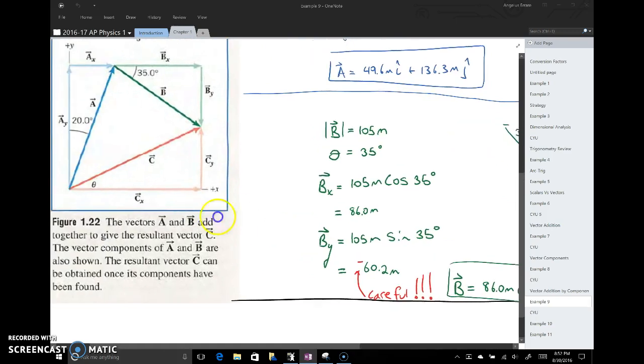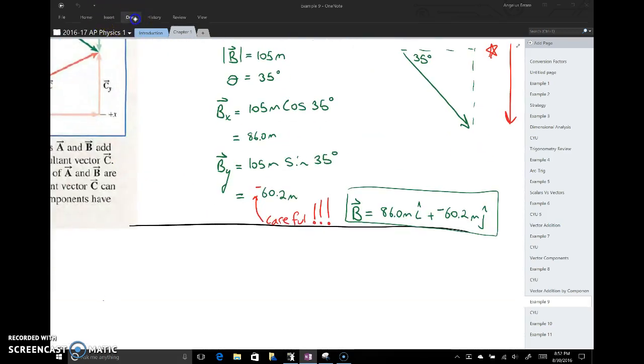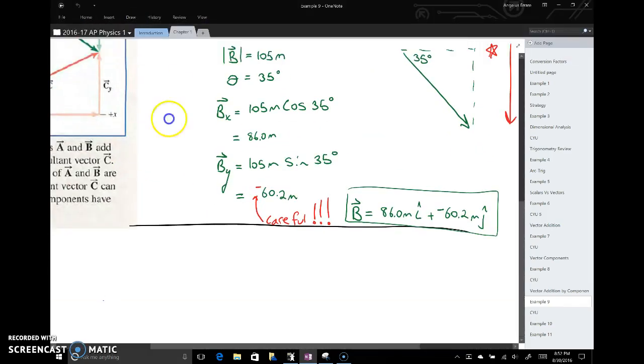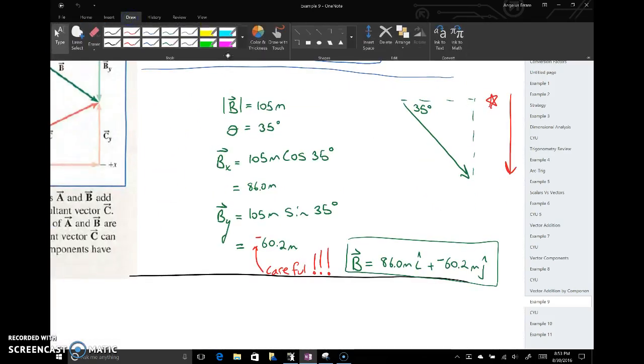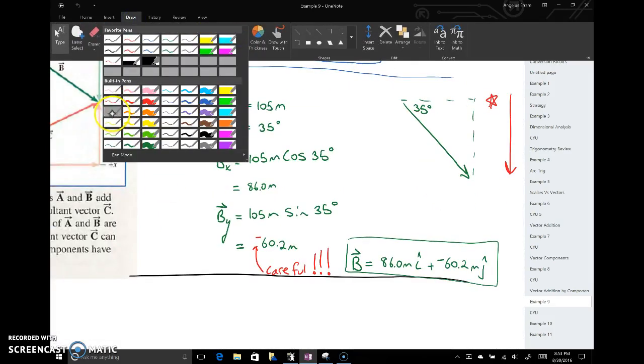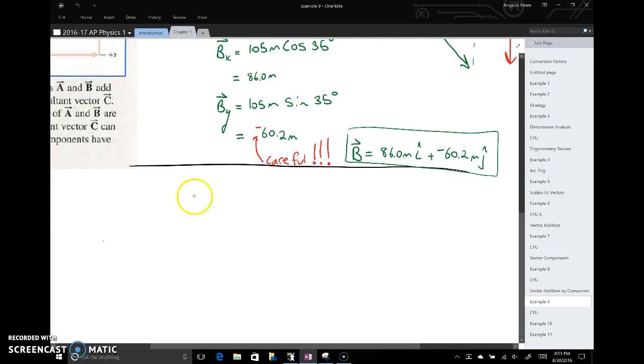And since we're trying to find C, we'll write this out. So for C, we're going to have Cx is equal to Ax.